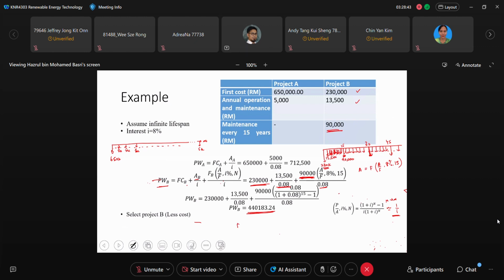The present value of A is 712,500. The present value of B is 440,183.24. So which one of these values is higher? Come on, simple question.